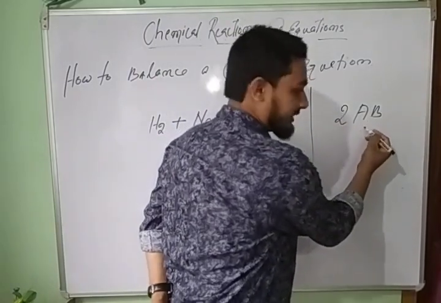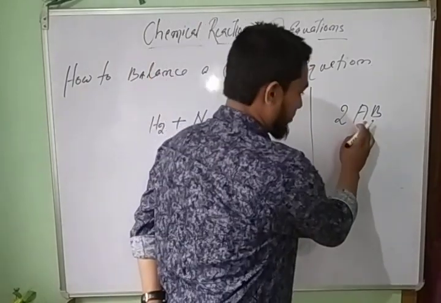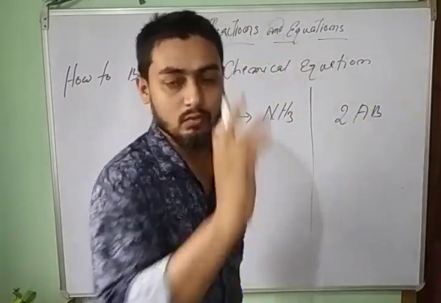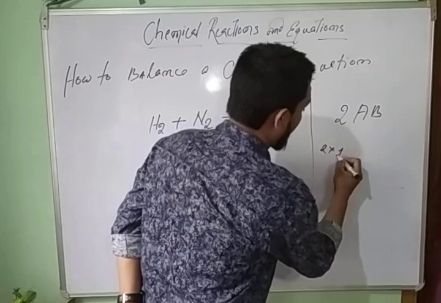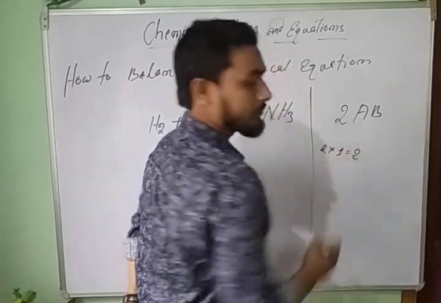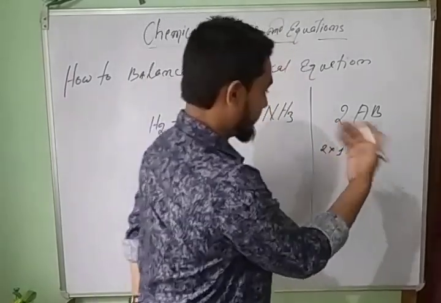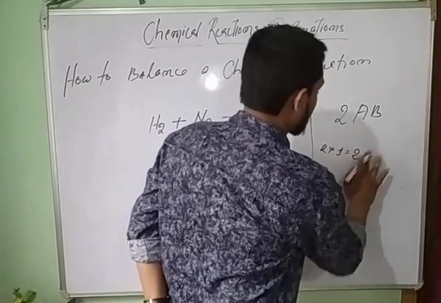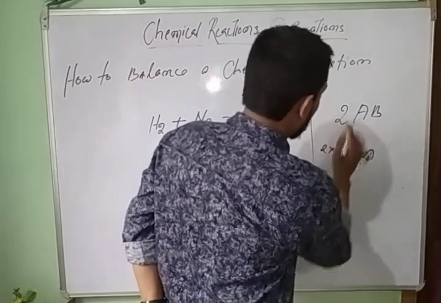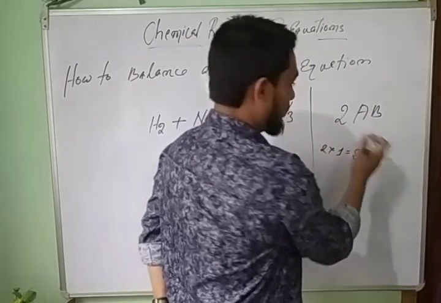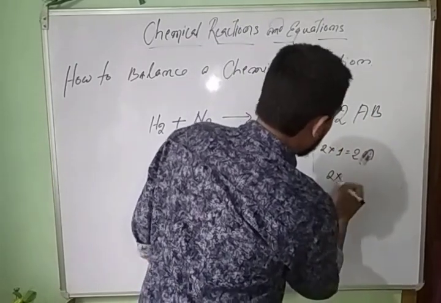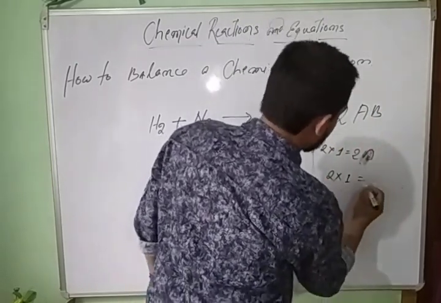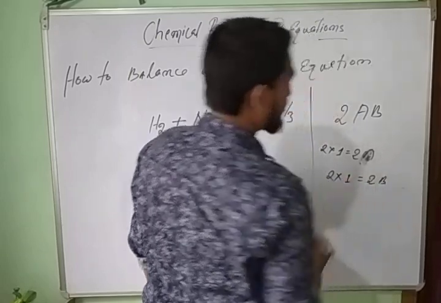No number is mentioned in the suffix position, that means 1. So 2 into 1 is 2. For B the calculation is also the same. This coefficient 2 is common for both A and B. So 2 into 1, that means 2 B.